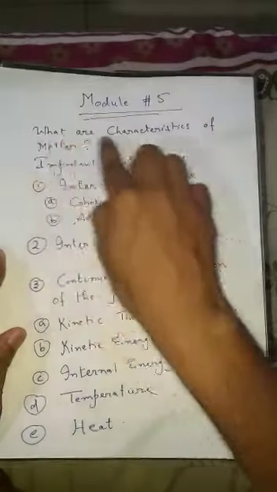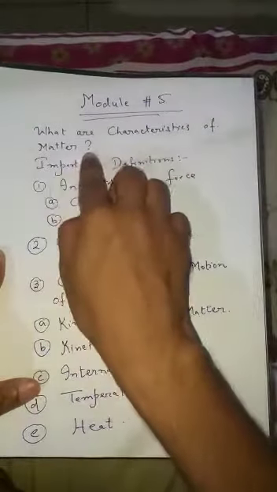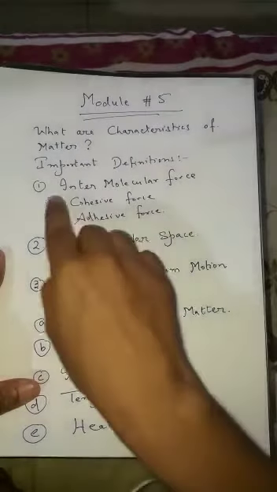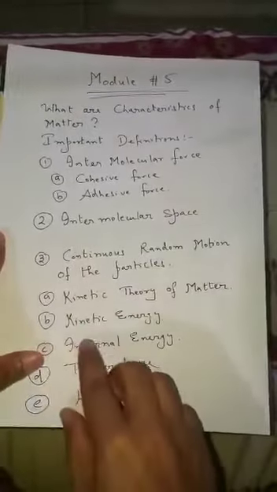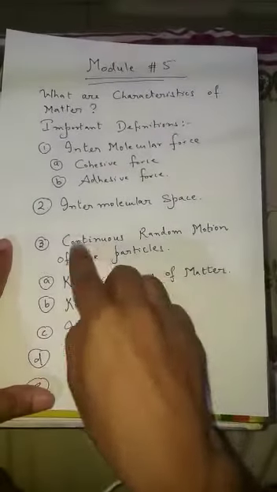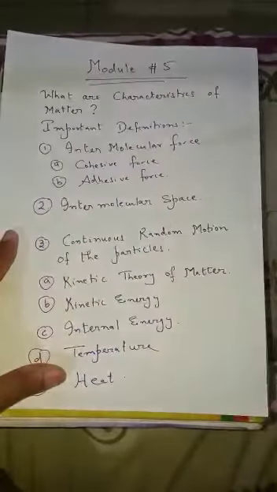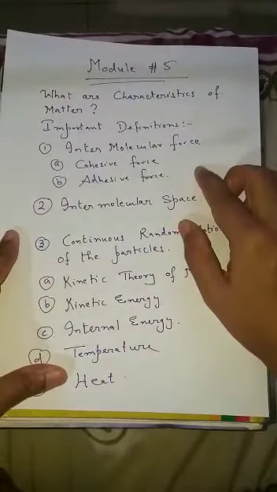The important question dealt with in this module was what are the characteristics of matter, and there were 3 important characteristics. One was intermolecular force, the second was intermolecular space, and the third was the continuous random motion of the particles. When we studied intermolecular force, we studied cohesive force and adhesive force.